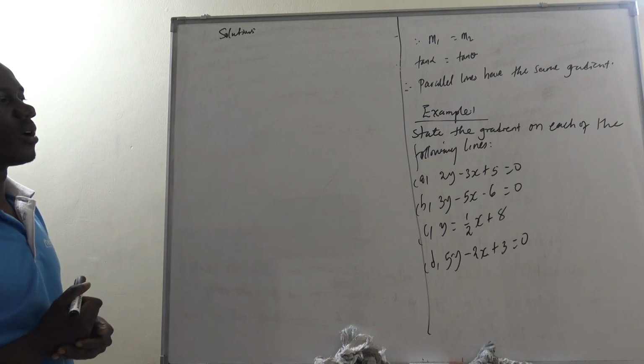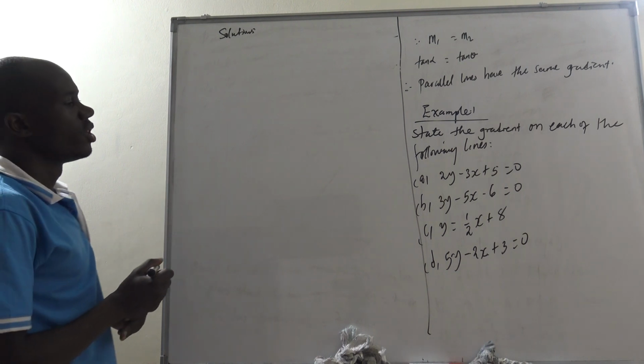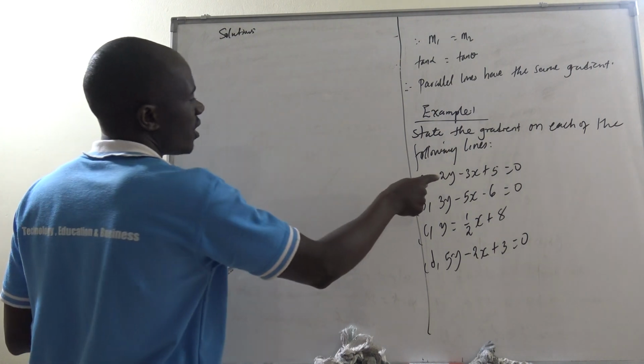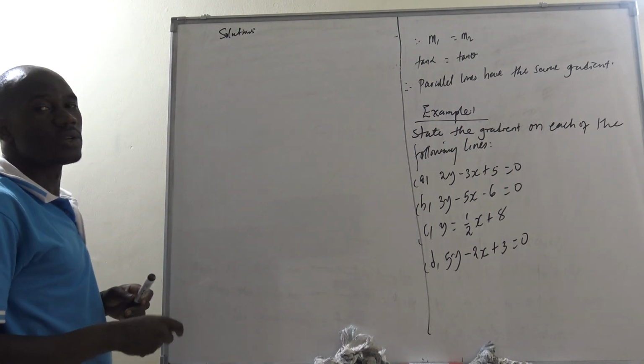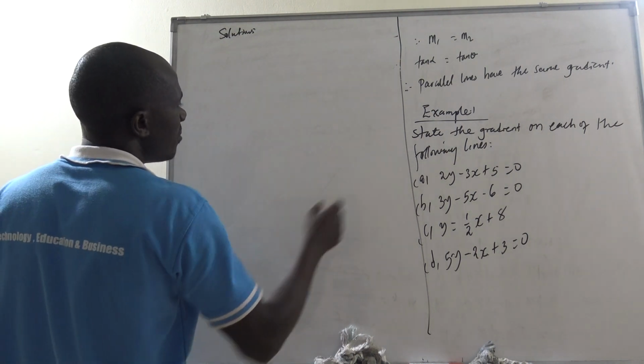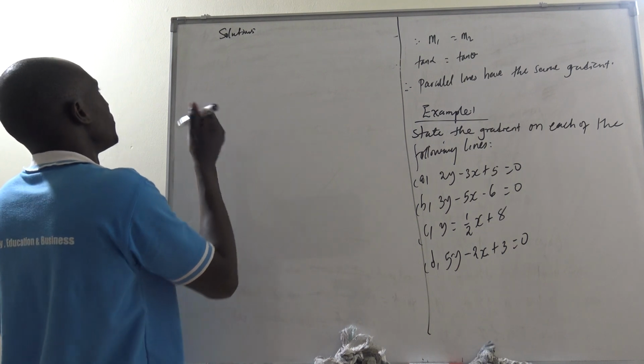The first line is 2y minus 3x plus 5 equals 0. You first rearrange it in terms of y equals mx plus c by making y the subject of the formula.